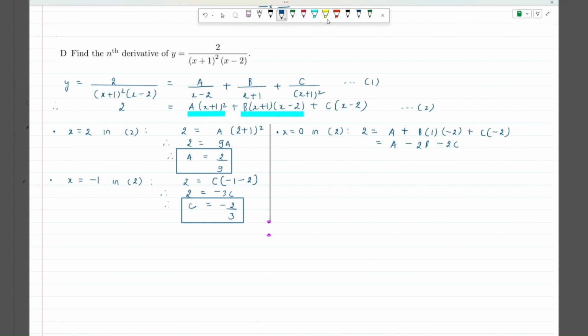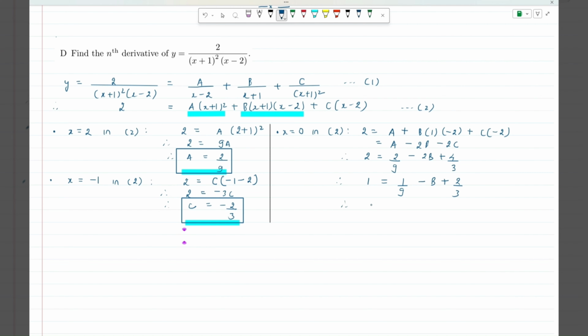Now substituting the values of a and c that we have obtained in the last expression, we will be getting 2 is equal to 2 over 9 minus 2 times b minus 2 times of (2 into 3), 2 upon 3, so that's going to be 4 over 3. And now you can see that we can get rid of the factor 2 from both the sides, so we will be having 1 over 9 minus b plus 2 over 3.